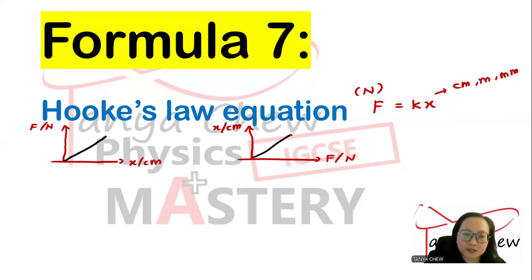So if you get force against extension graph, if you want to find your k, spring constant, you just take the value of F, the force, divided by extension. But if extension against force graph is being given, you want to find the spring constant, still the same, just put the value of force. It's just that the value of force is in the x-axis. So you have to be careful. Look at it carefully.